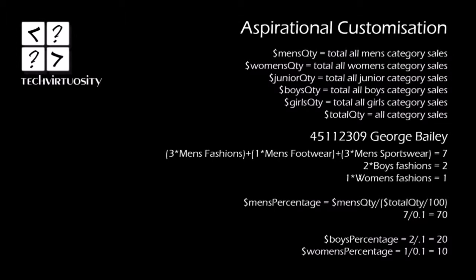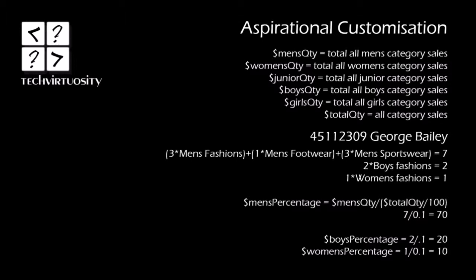Okay, so now we have another new variable, men's percentage, which is the men's quantity variable divided by the total quantity variable, multiplied by 100. So that equates to 7 divided by 10, which equals 0.7, times 100 gives 70.